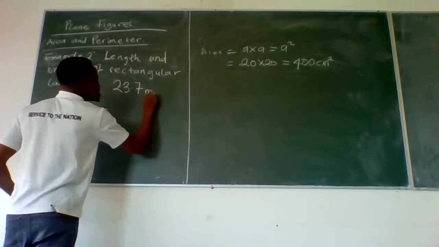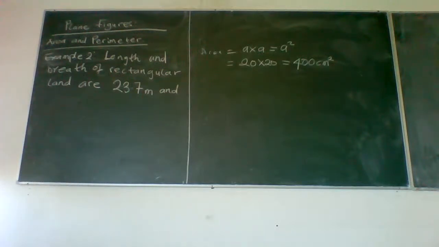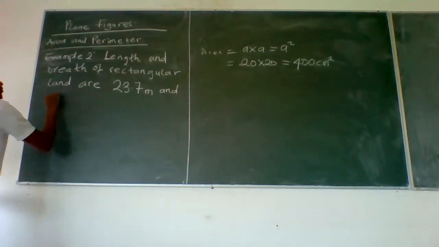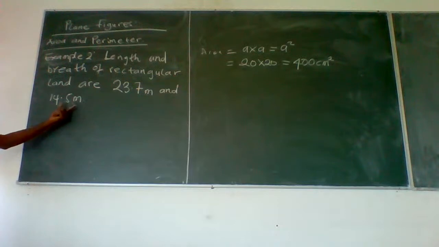So let's assume that the size of your mom's plot or field is 23.7 meters, and the width to be 14.5 meters. So this is the size of your mom's land.